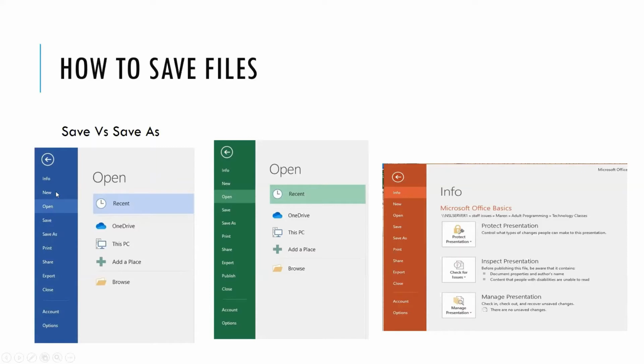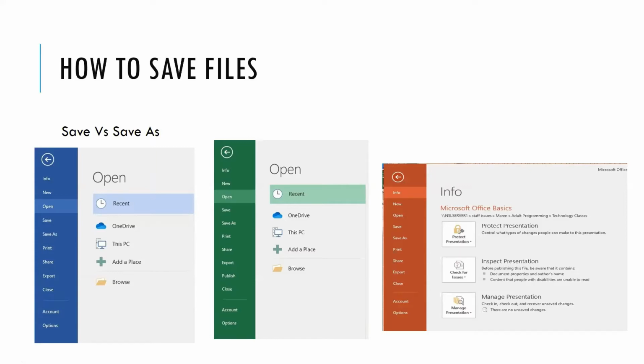So you can see below open here on this menu, you have save and you have save as. There's a slight difference between these two. They will both save your file. Save as is there for if you want to rename the file or if you want to keep the old file that you worked on and you want to save changes as a new document.